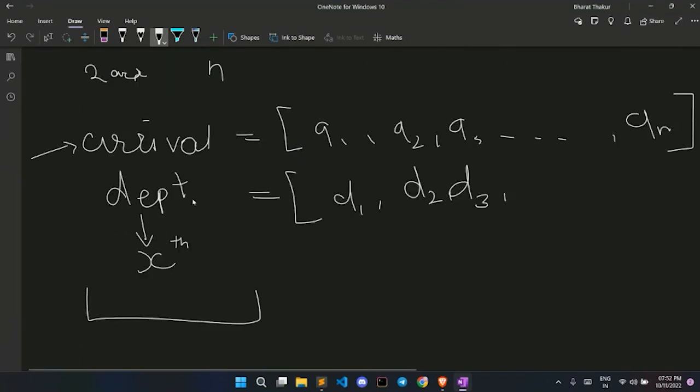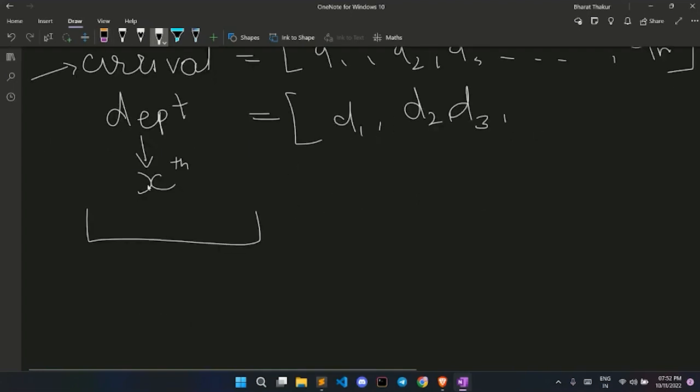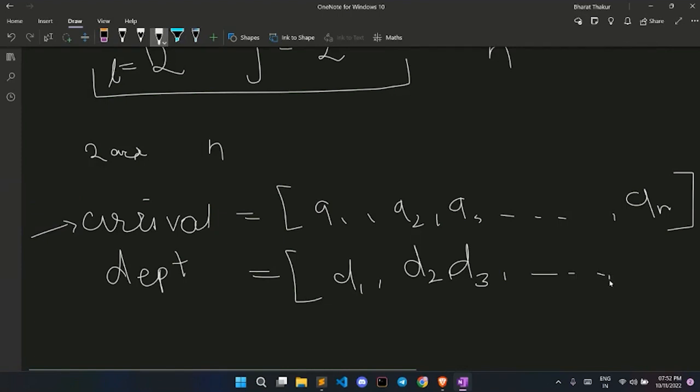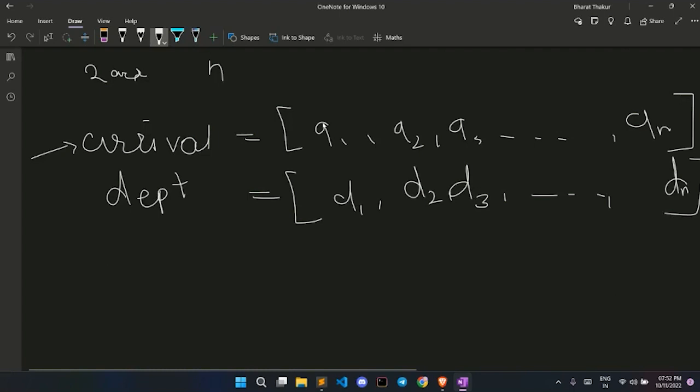So if a train is going at X and one train is arriving at X, we will need at least two platforms, one for the arrival and one for the departure. Okay. So this way two arrays are given, and you just need to find the minimum number of platforms you will require.